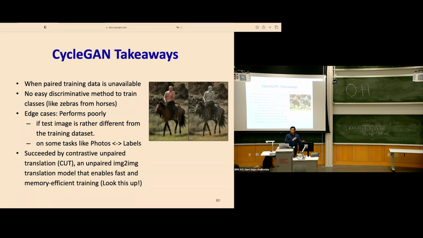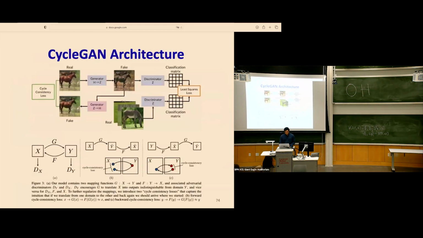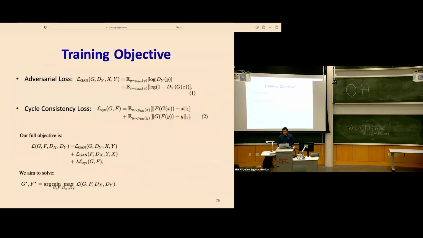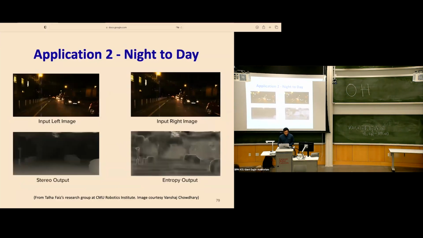And if you want to convert one type to another, it's very easy because you have both of those annotated data available to you. However, in cases when you don't really have examples like this one, right? When are you going to come across a dataset which is a one-to-one mapping of zebras to horses? That's not going to happen. So in those cases, CycleGAN is very helpful.